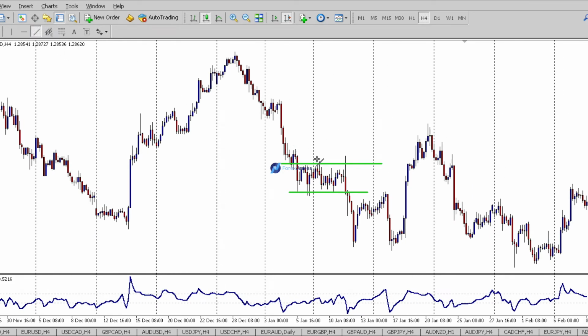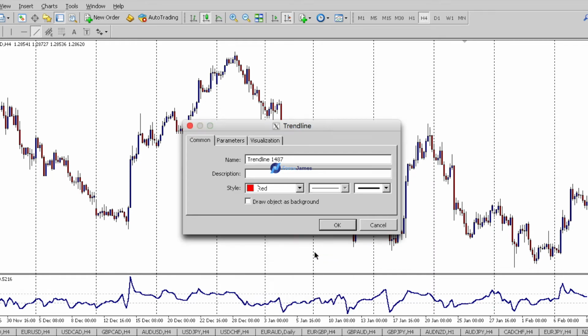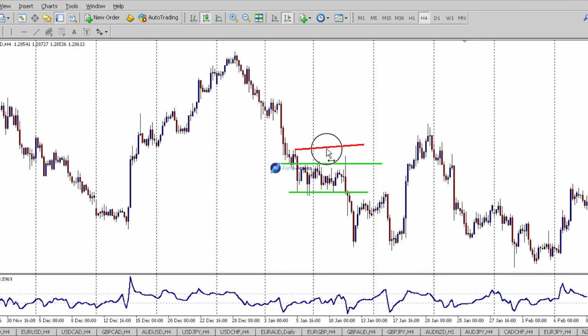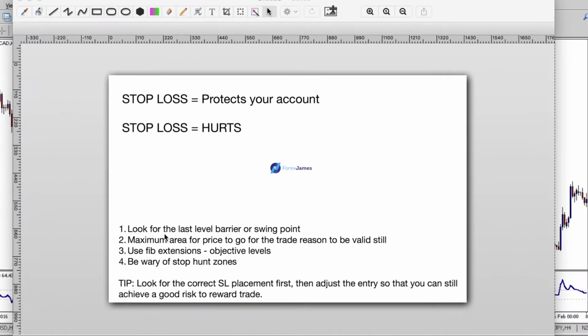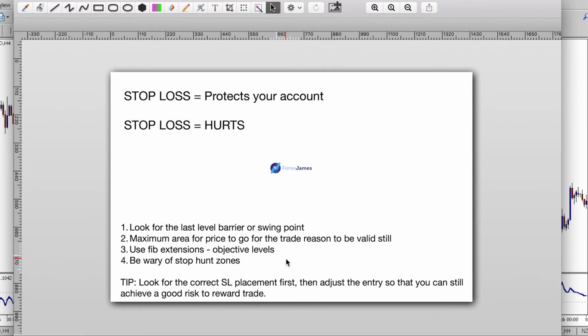The answer is it has to be far enough from the manipulation zone. Right there, if you're going short, so that when price actually spikes up, your stop loss stays safe. Okay, guys, so that's number 4, to be careful when you're trading around stop hunt zones.